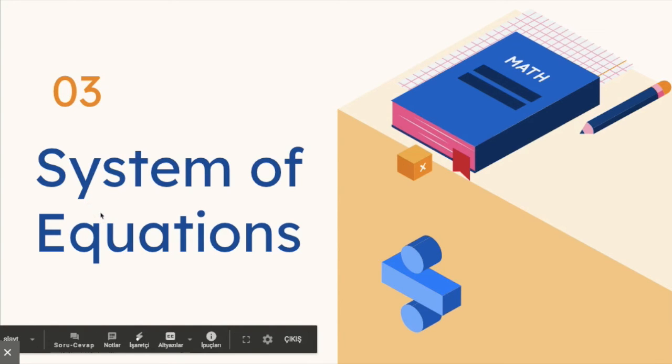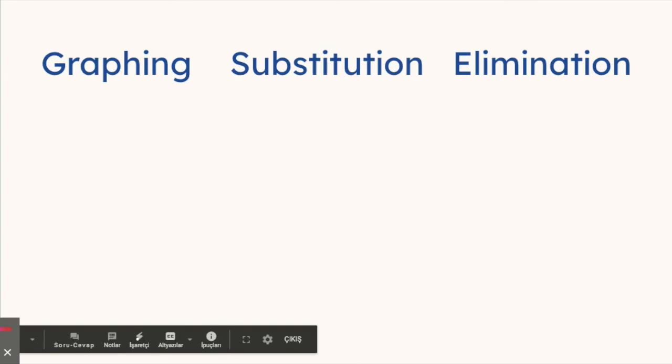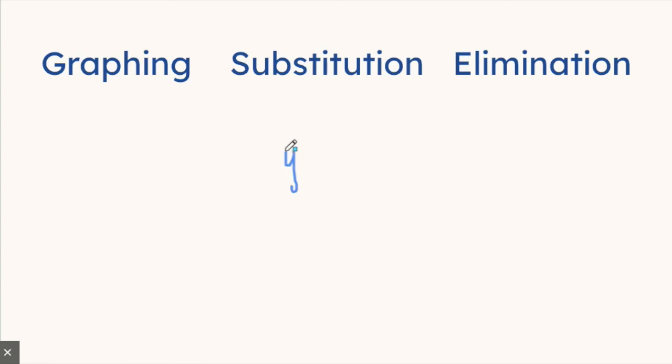Now let's go into system of equations. And this is going to have 3 different types we need to learn. Now, when we say system of equations, we're talking about 2 different equations we're given. For example, y equals 3x plus 1 and y equals 3x plus 5, let's say.